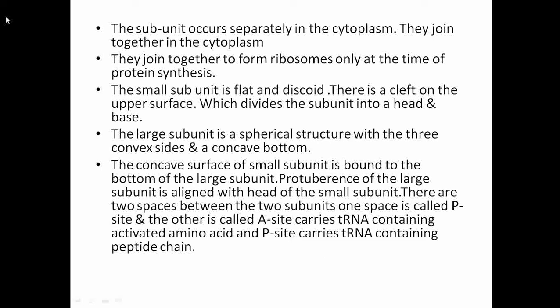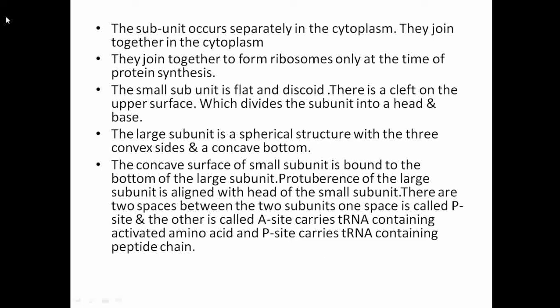This is an important point to be remembered. That is, the ribosome subunits, small and large, are actually separate. Always they are found separately. But whenever protein synthesis is to occur, at that time they assemble together, and then further the protein synthesis occurs.